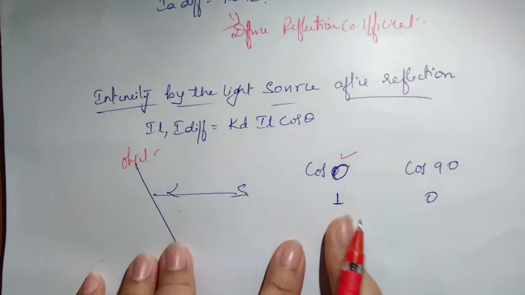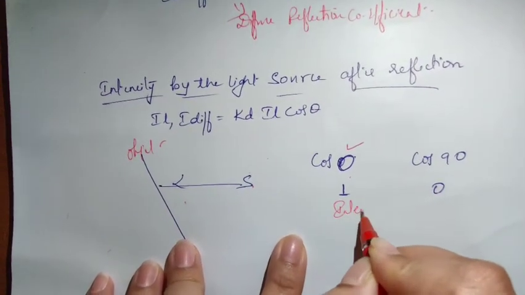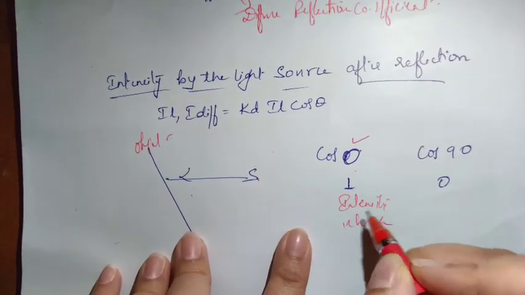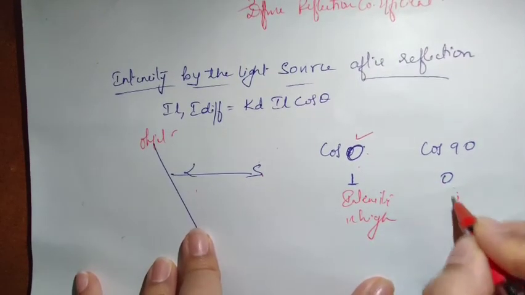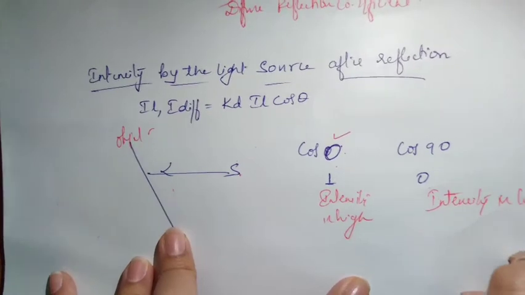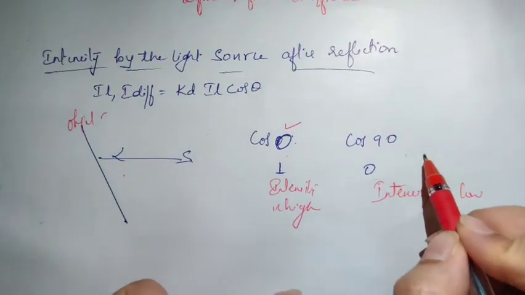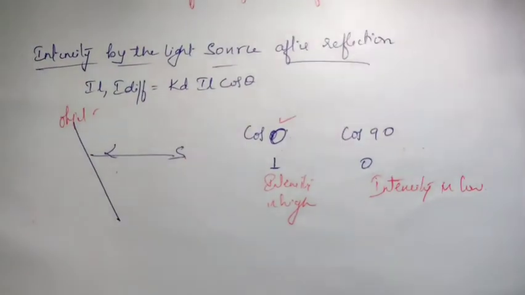If the intensity is high, then the cos value is equal to 0. When the intensity value is low, then the angle is 90 degrees. Next we can calculate the total intensity after reflection.